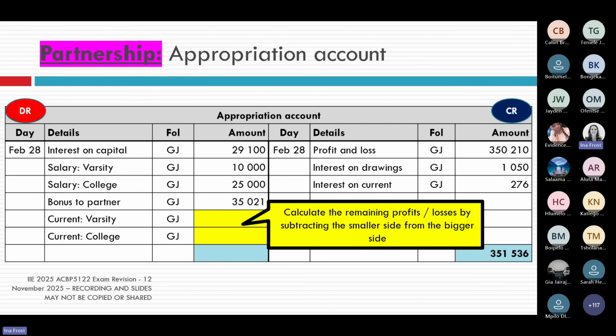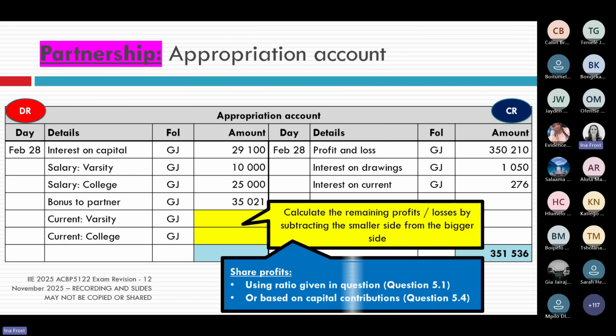And that remaining profit or loss is then shared amongst the partners, either using their profit share ratio that is given to you in the question, like in question 5.1, or the question, like question 5.4, can say that you have to use the capital contributions to calculate how to share the profit amongst the partners.